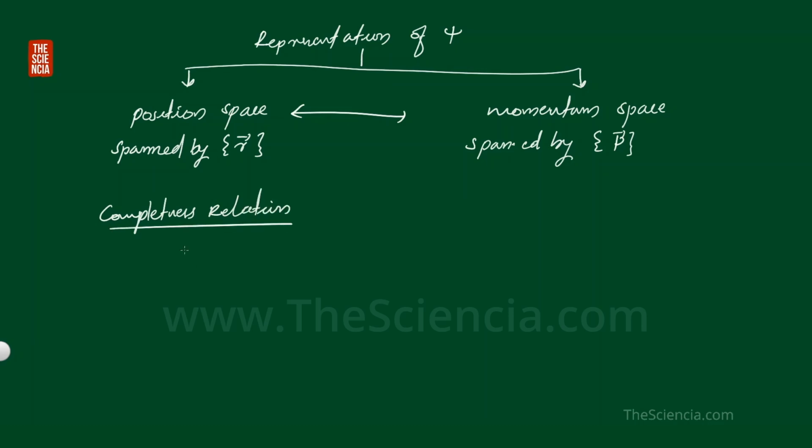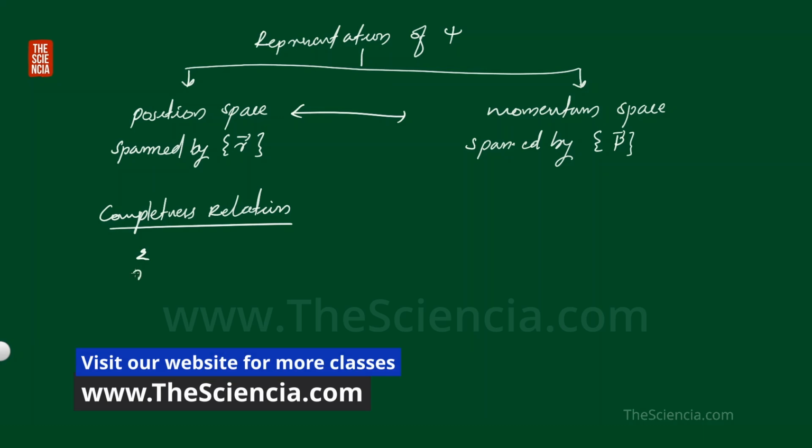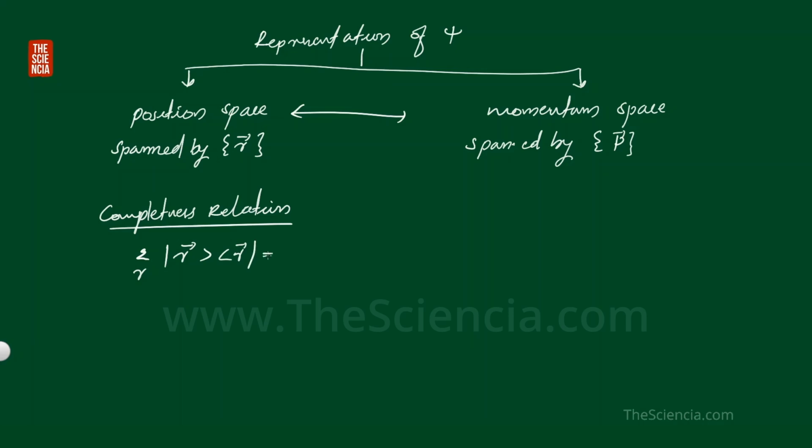That is, whether the space is complete or not. That is what the completeness relation tells us. That is, summation over r of ket r vector bra r vector. If it is equal to 1, then the space is complete. That is, position space is complete.